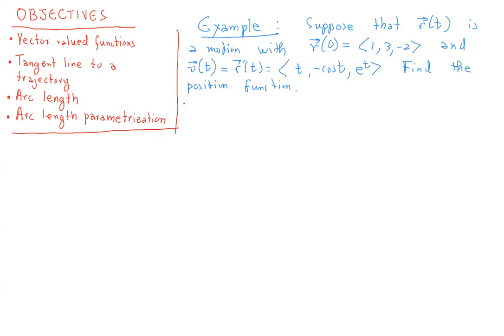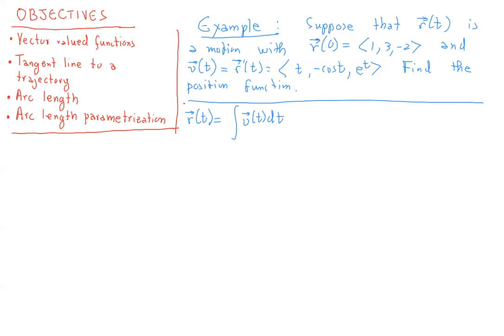This is a quite routine problem. The idea being that the position function will be given as the integral of the velocity. And here one could write actually a definite integral that precisely gives what we want. However, let's work with an indefinite integral.